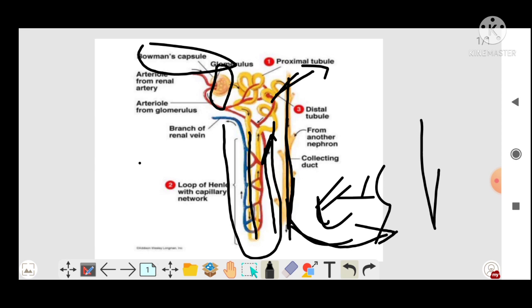Some useful material like amino acids, glucose, and salts are reabsorbed by these capillaries which surround the tubules in this process.